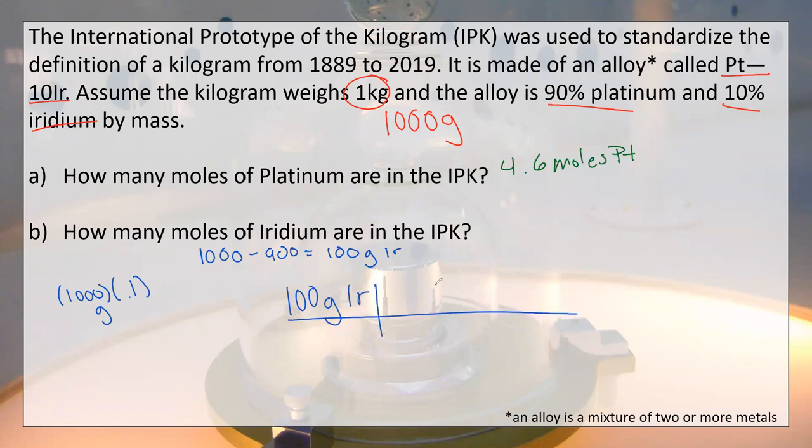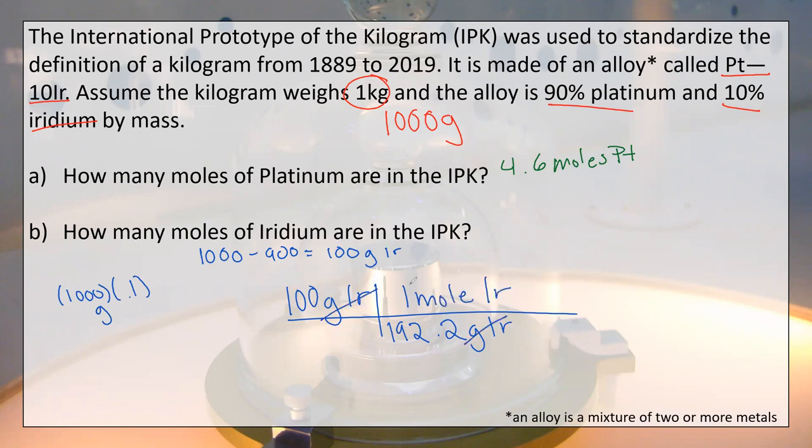And then I have to look at my periodic table. Iridium is right next door to platinum. It has a Z number of 77. So it's actually pretty similar in ballpark range of atomic mass, but we have an atomic mass of 192.2 grams of iridium per 1 mole iridium.